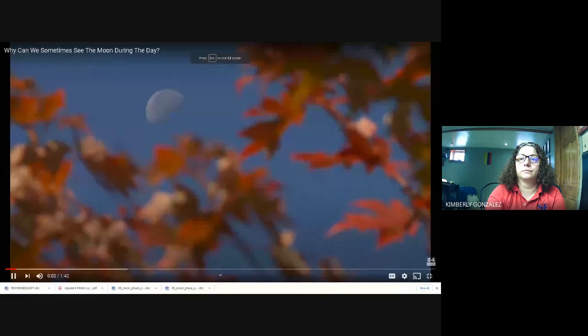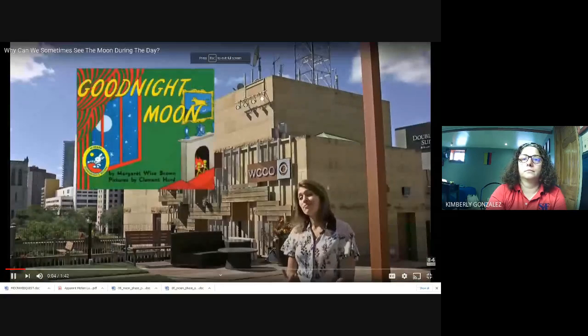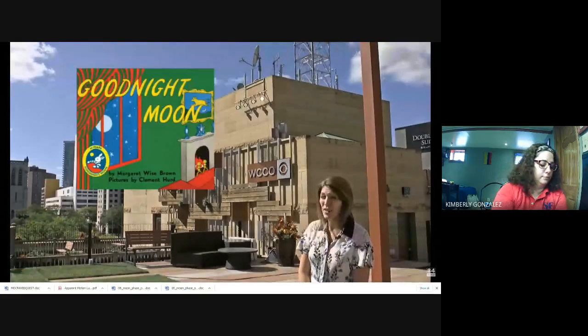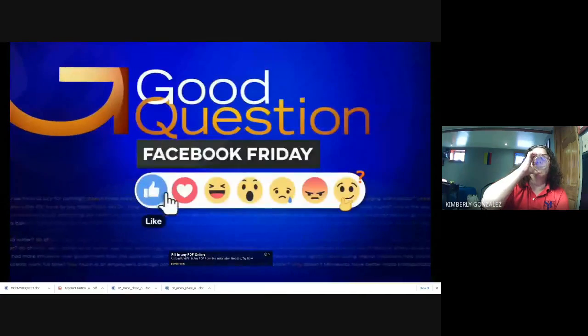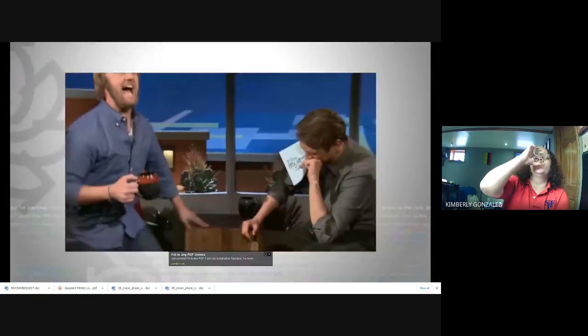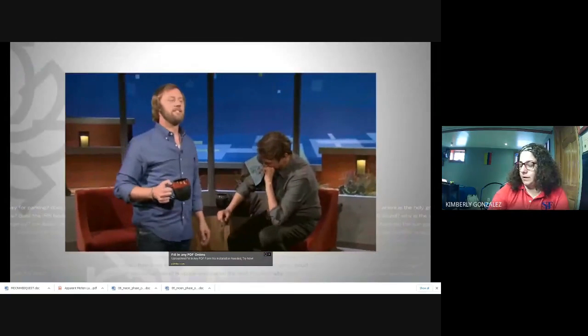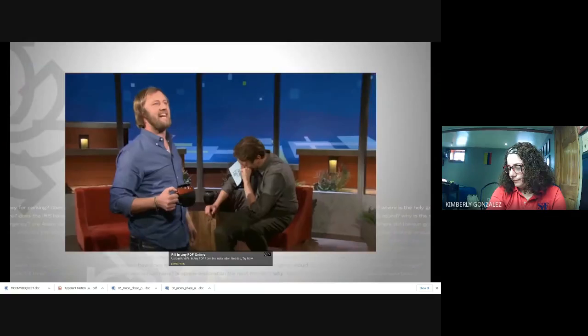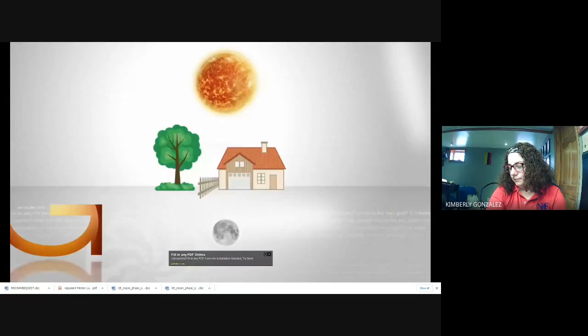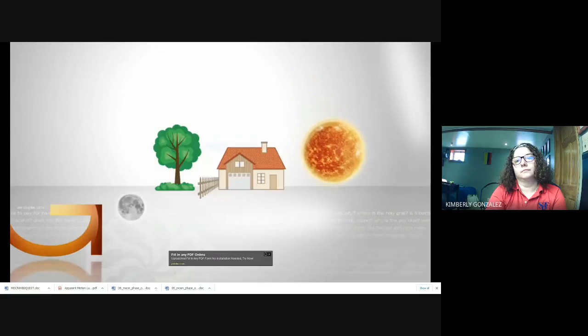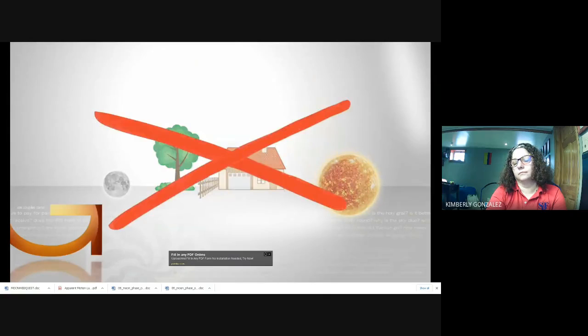Good afternoon, moon. It can be kind of unnerving. So Bruce from Minneapolis wants to know why. Why can we see the moon during the day? You don't see the sun coming out in the nighttime, do you? Show some respect. The sun and the moon aren't opposites. The moon doesn't start rising as soon as the sun goes down.